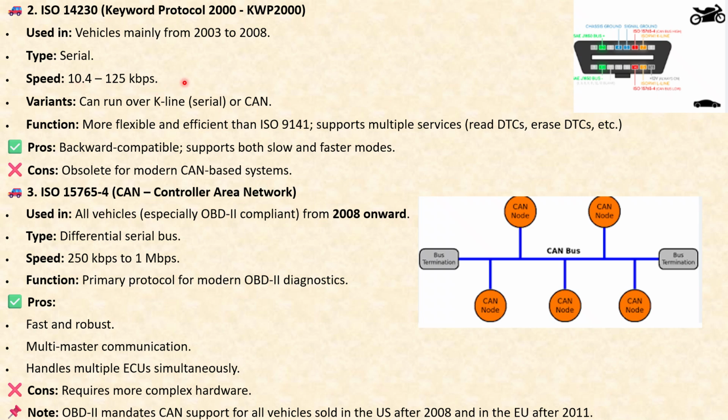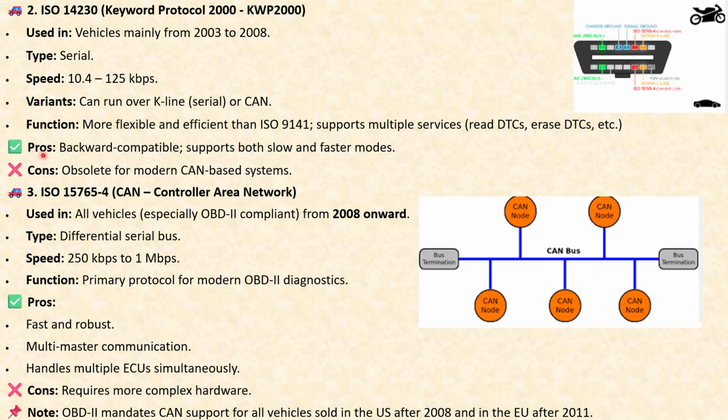As you can see, the speed has drastically improved from the previous protocol. It can run over K-line serial or CAN, and it is more flexible and efficient than ISO 9141. It supports multiple services. It is capable of reading DTCs and erasing DTCs, etc.